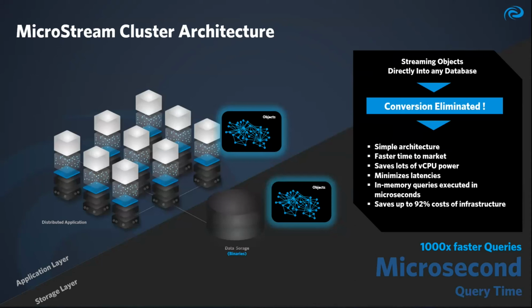Regarding the simple architecture, is it the case that MicroStream's binary representation is the same as the old Java object streams, or is it something new? No, we have defined our own byte format, and we provide a CSV converter, and we are working on other converters, but it's the MicroStream format.